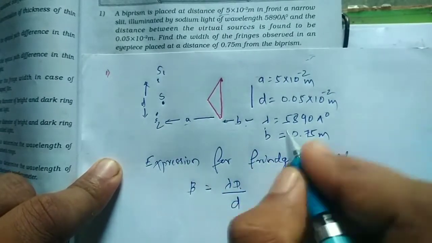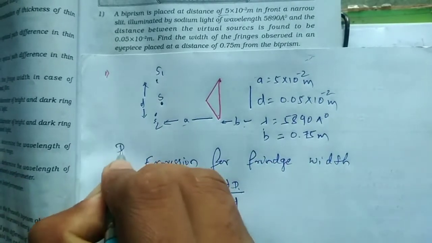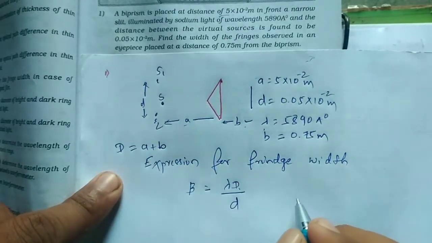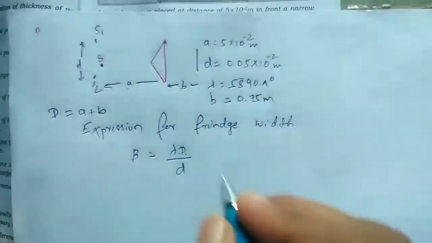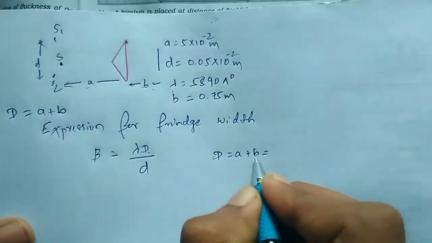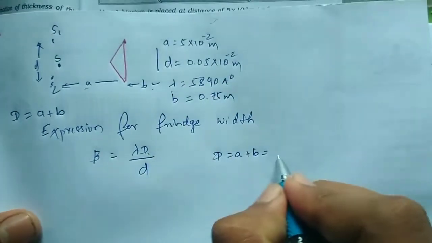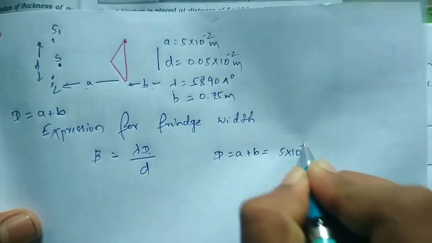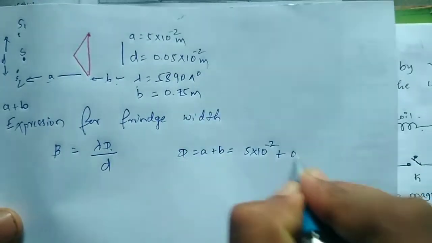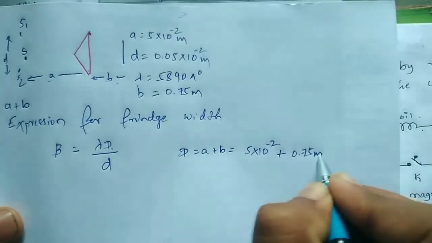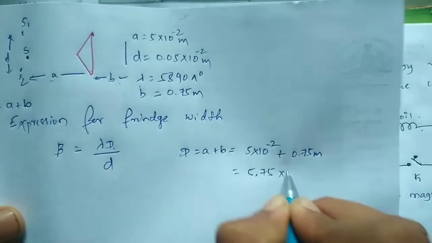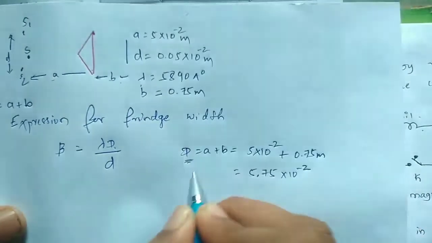Take D equal to a plus b. So a is 5 × 10^-2 meter plus b is 0.75 meter. Add these, and you get 5.75 × 10^-2, that is capital D.